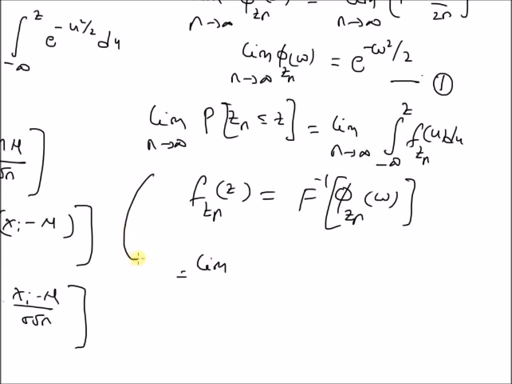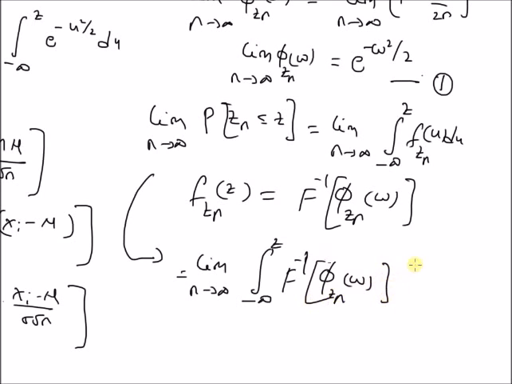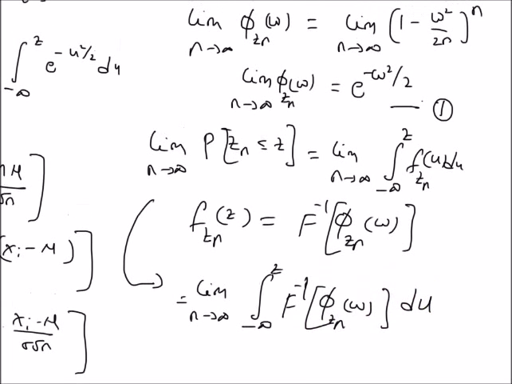So this becomes the limit as n tends to infinity of the integral from minus infinity to z of the inverse Fourier transform of the characteristic function, that is phi Zn of omega, du. But we just proved that phi Zn of omega as n tends to infinity is equal to e power minus omega square by 2.